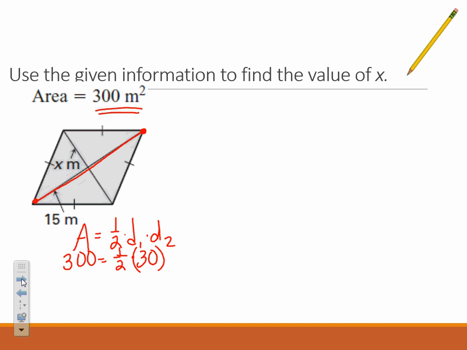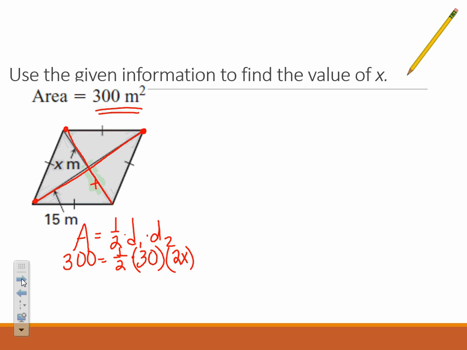So 1/2 times 30, and now diagonal 2. Diagonal 2 is labeled with an X here, and that would be another X there. So all the way across would be 2x.